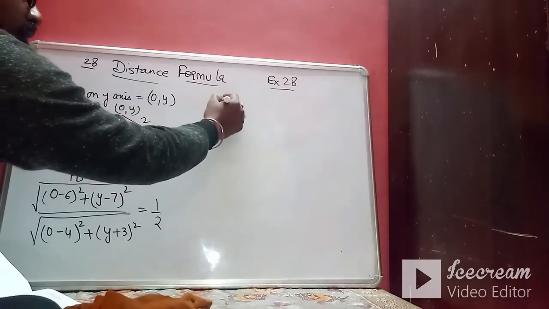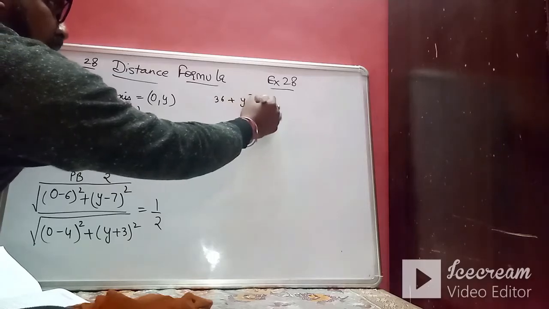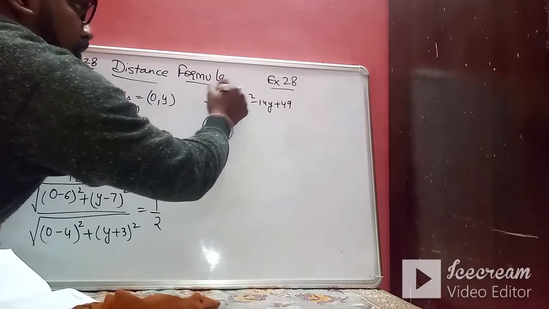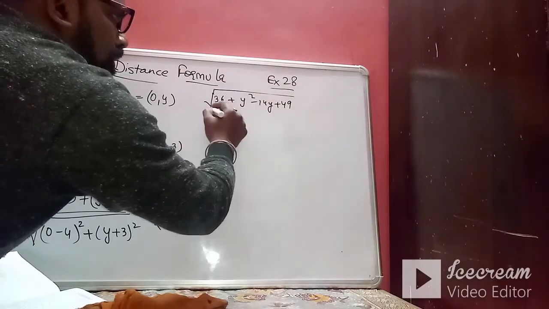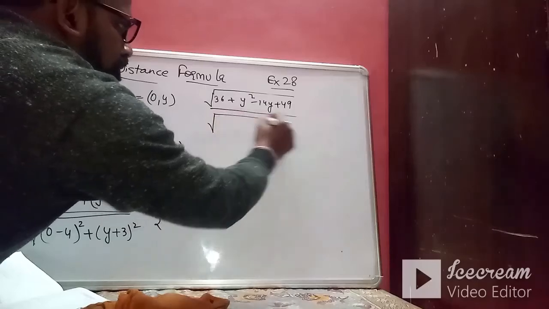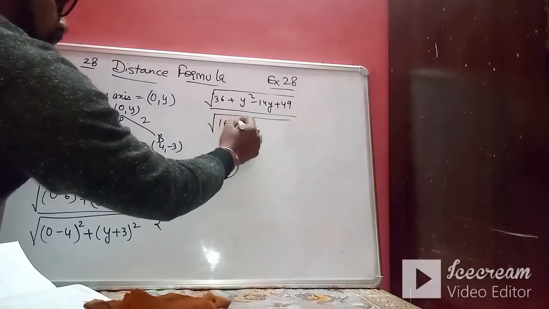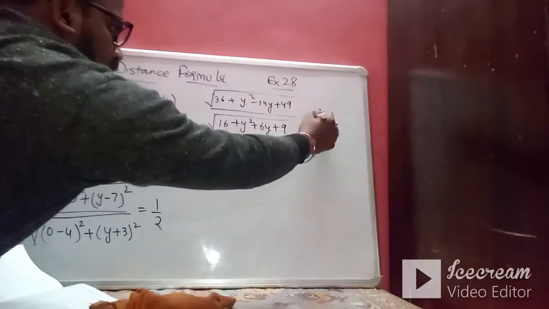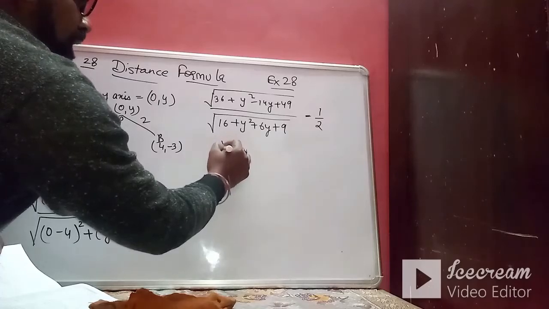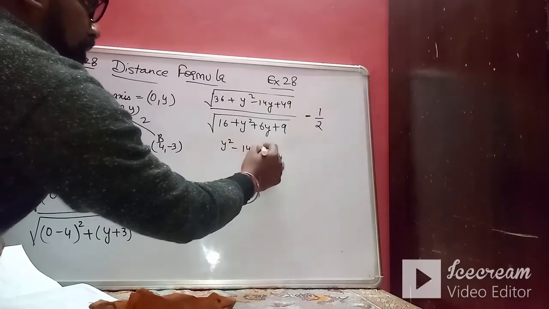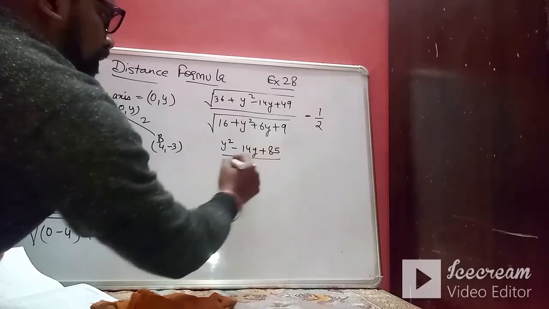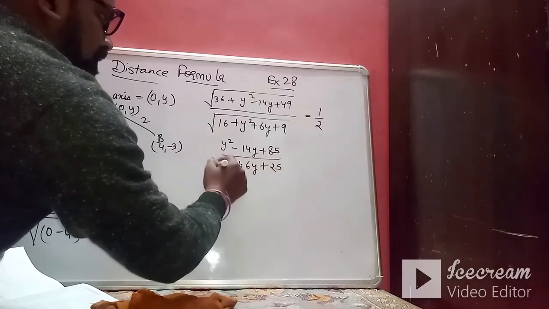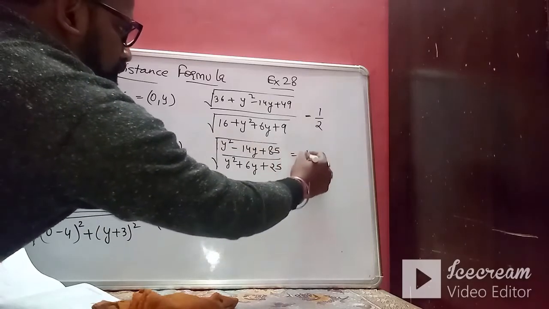If we solve it, what are we going to get? It will be the square root of 36 plus y square minus 14y plus 49, upon the square root of 16 plus y square plus 6y plus 9, equal to 1/2. So finally, the square root of y square minus 14y plus 85 upon y square plus 6y plus 25 is equal to 1/2.